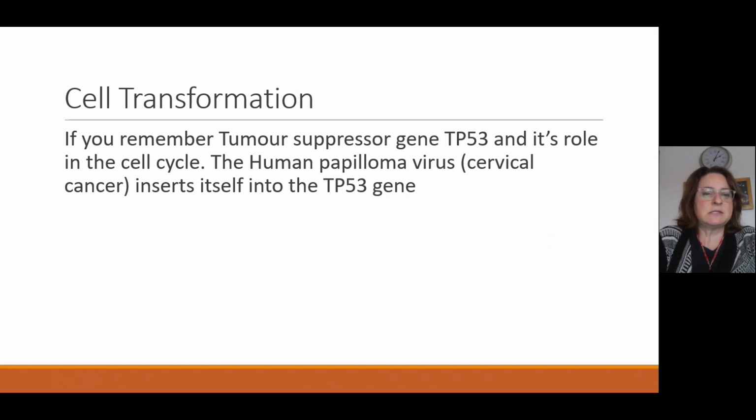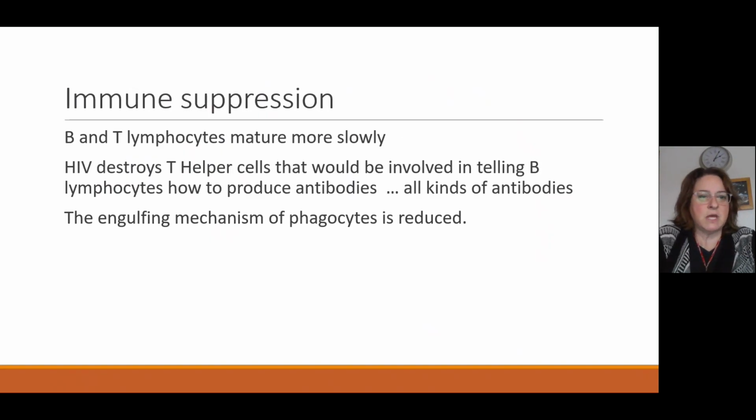If you insert virus DNA exactly at the place where that tumor suppressor gene is, and the human papillomavirus does that, it can then cause cervical cancers. Human papillomavirus, that should click together. You ladies were offered a vaccine in year 8 against HPV, human papillomavirus. That is that one. And the last one out of the four is immune suppression.